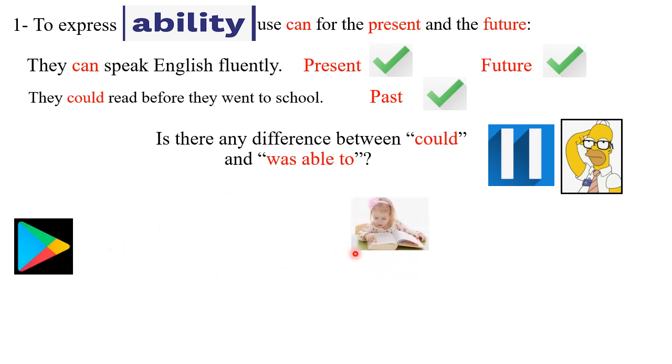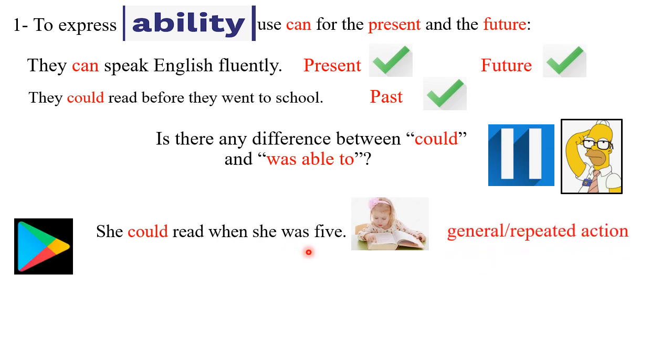How about this little cutie? She's reading. Very good. She could read when she was 5 years old. This could in this sentence expresses general, repeated past action. But how about this situation?